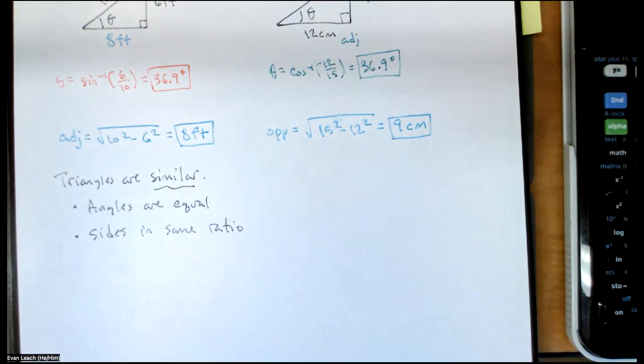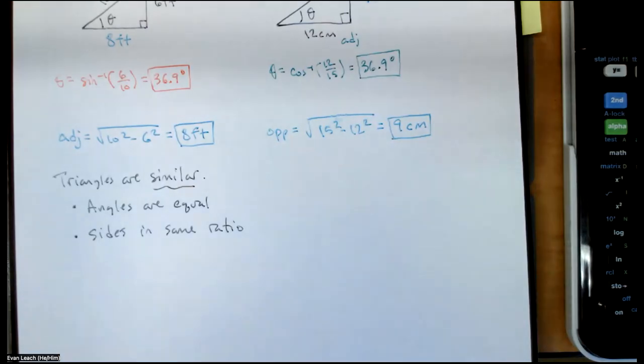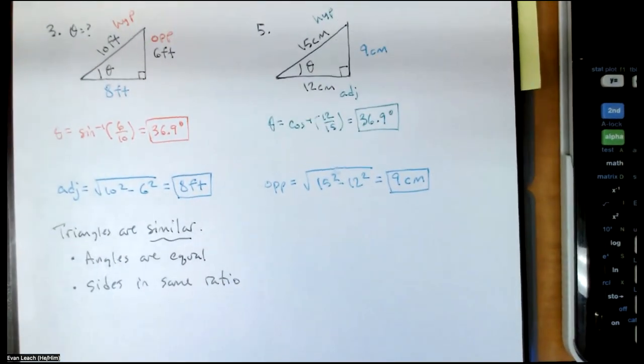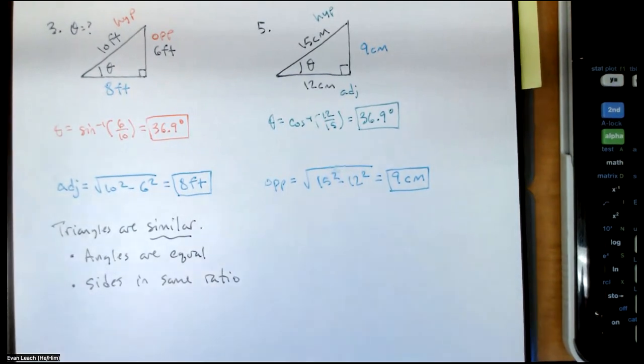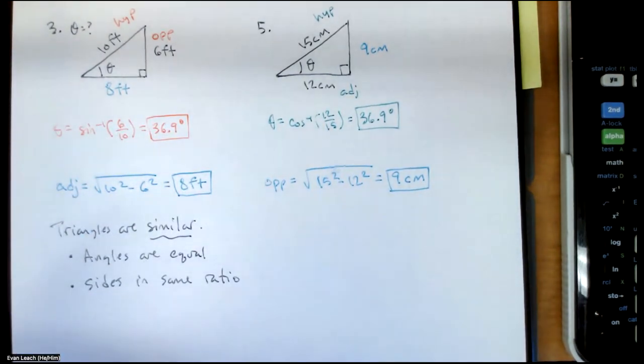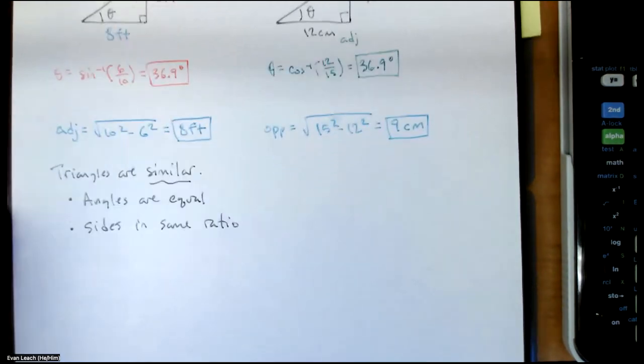The sides aren't going to all be the same because the triangles aren't equal. The sides are in the same ratio. So the ratio in the third triangle is 6 to 8 to 10. That's the same ratio as 9 to 12 to 15.